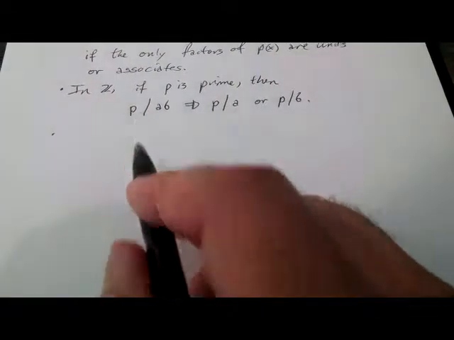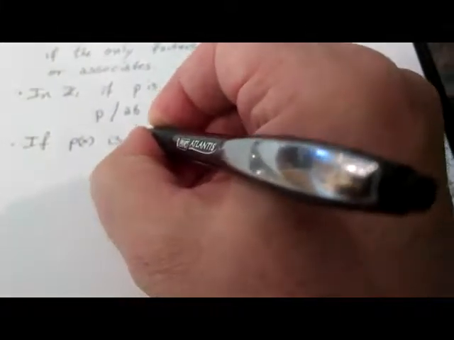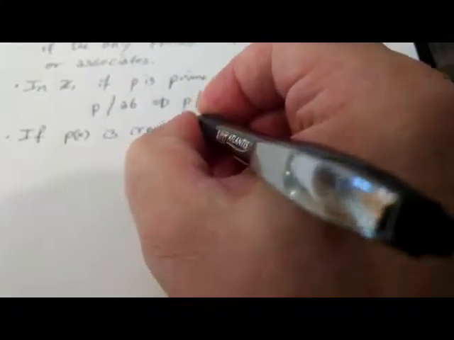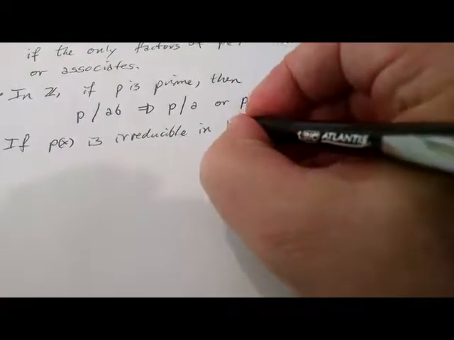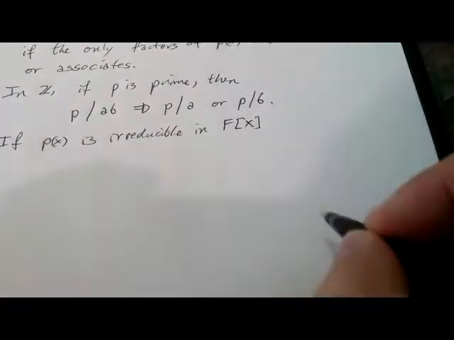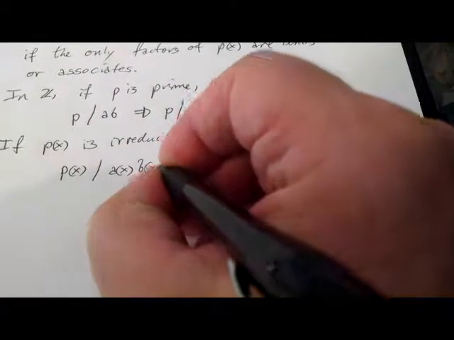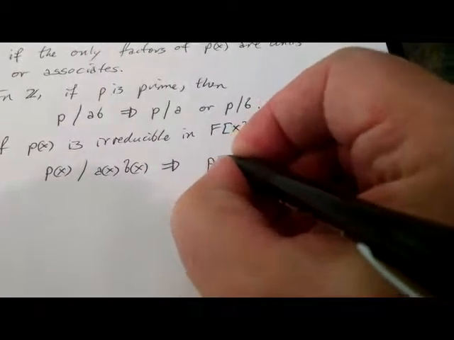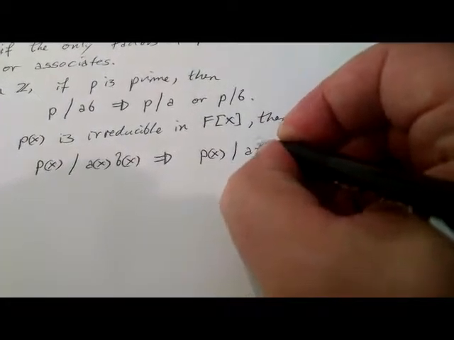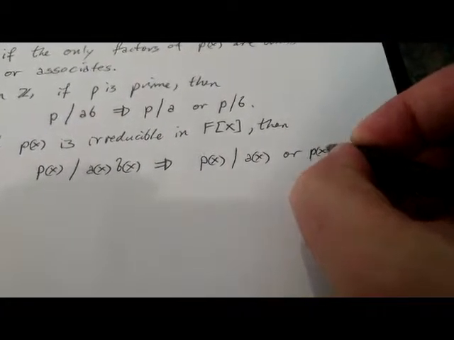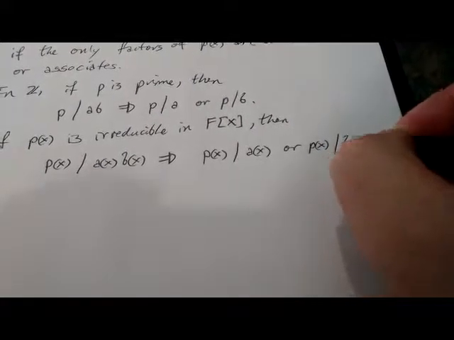So let's see if this property also holds for polynomials. If p of x is irreducible in some polynomial ring with coefficients in the field, then p of x dividing a product implies p of x divides one or p of x divides the other.